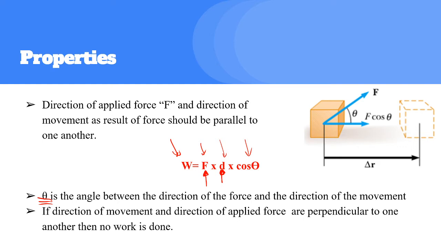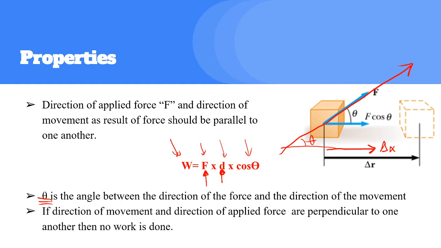Alright, so if you look at the example, the object is basically displacing in that direction, which is to the right, and the force that we apply is basically in that direction. So what is the angle in between them? Theta.